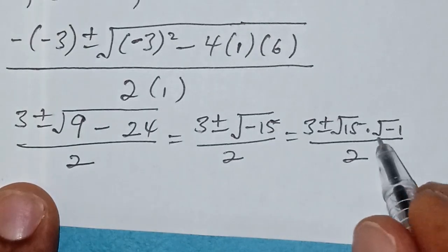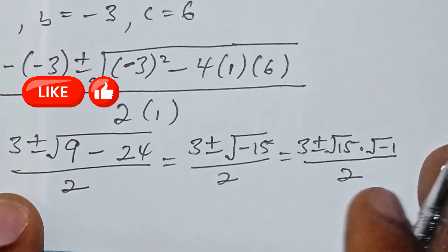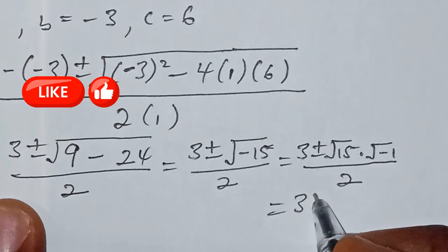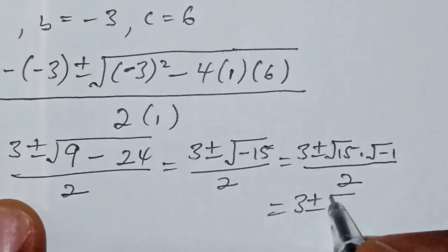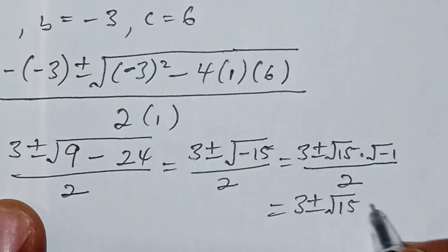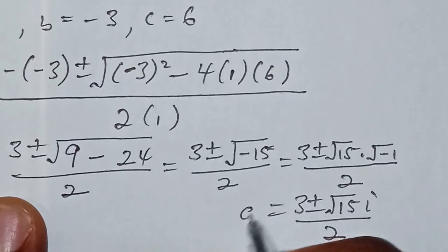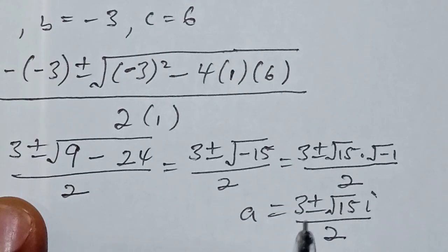The square root of minus 1 gives us i. So we have 3 plus or minus the square root of 15 i, over 2. This implies the two values of a are imaginary roots and will not be considered.